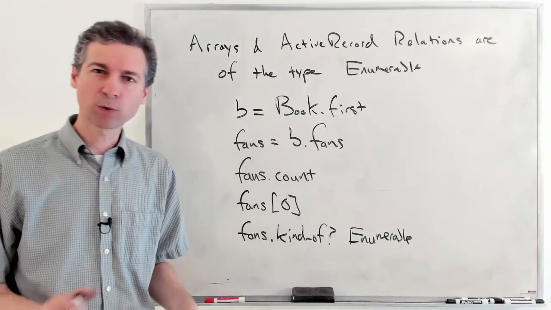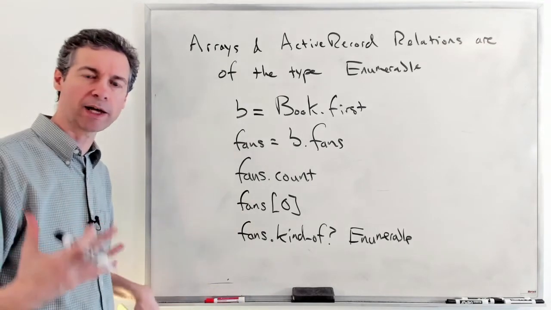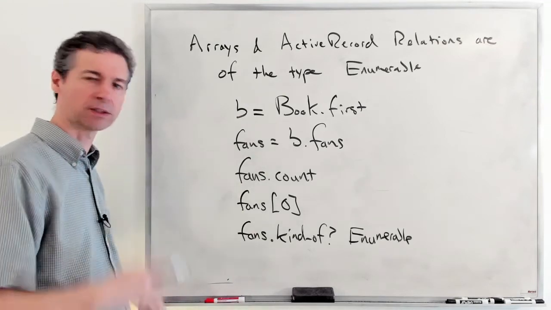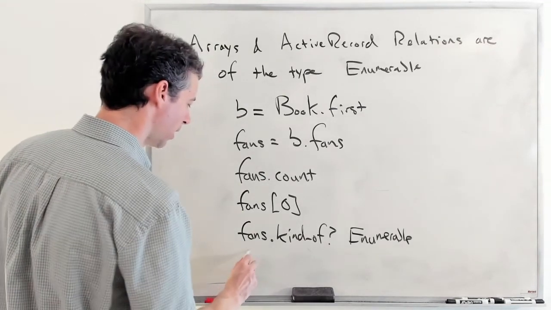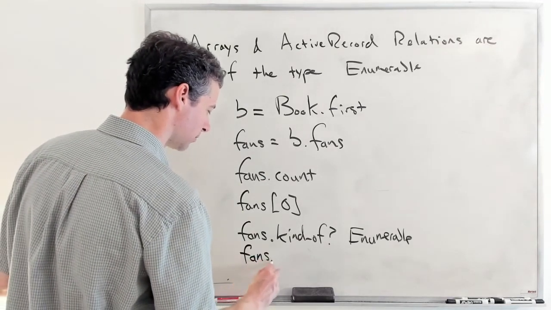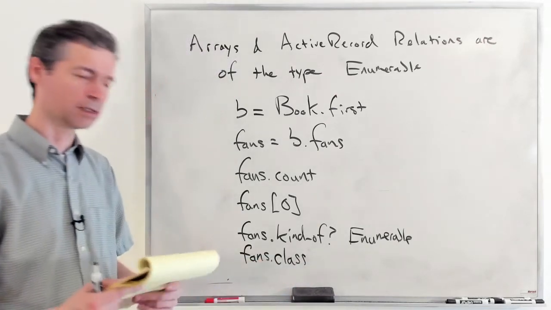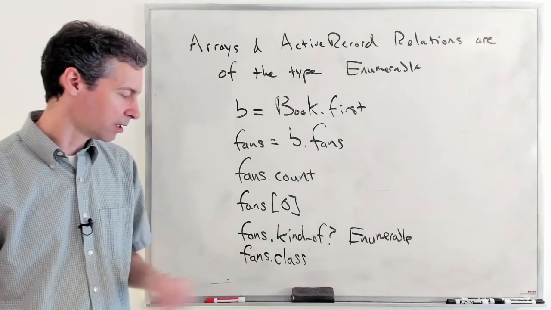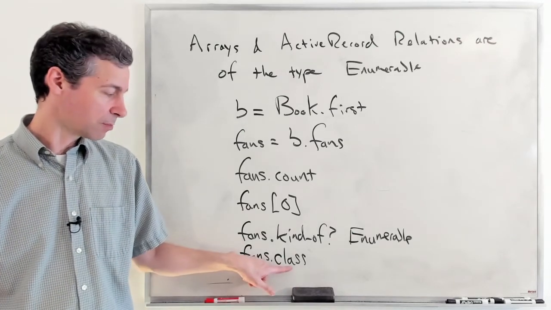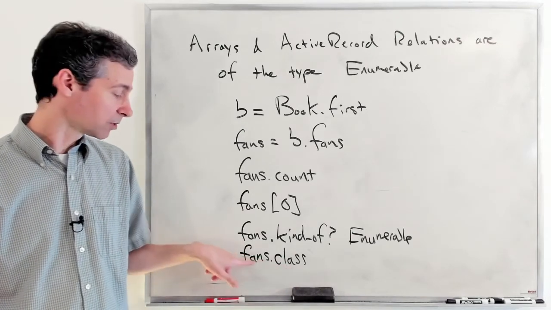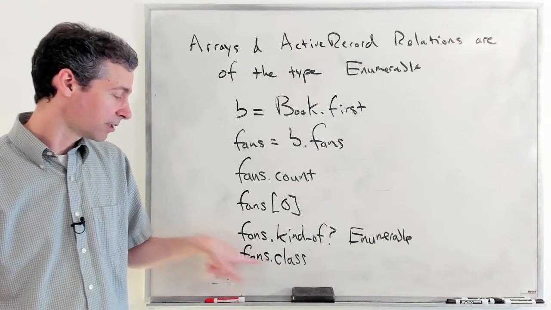By the way, if you're ever wondering what is the actual class and the console isn't necessarily displaying it for you the way you want, you can absolutely in Ruby call class on any object that you have. So the method class exists, and it will tell you what the class is that you have here.